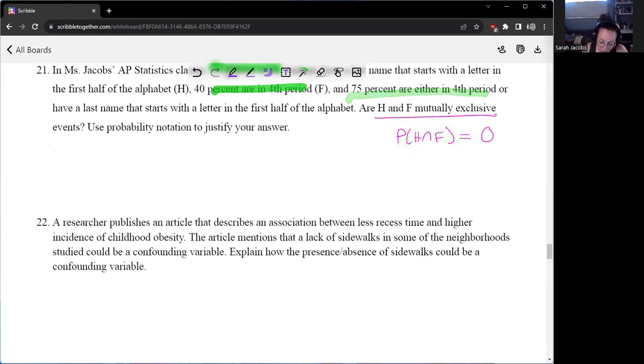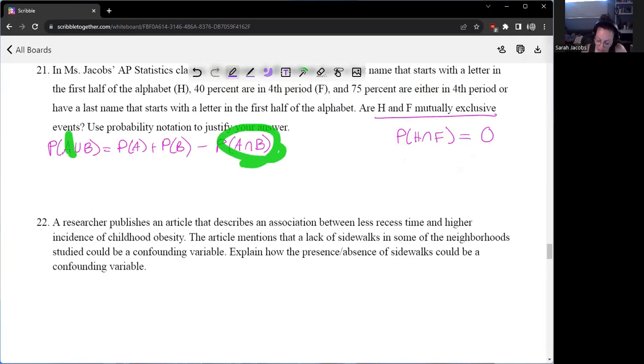So we're going to use that probability of A or B is equal to the probability of A plus the probability of B minus the probability of A and B. And we're just going to fill this in and then use algebra to solve for this.